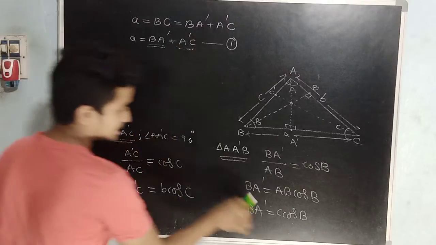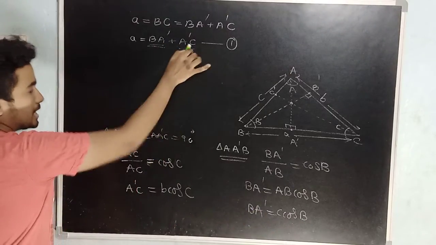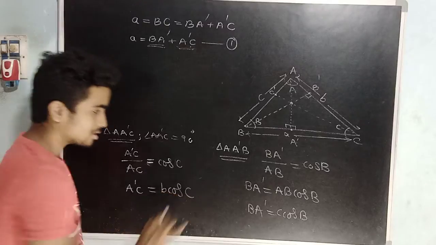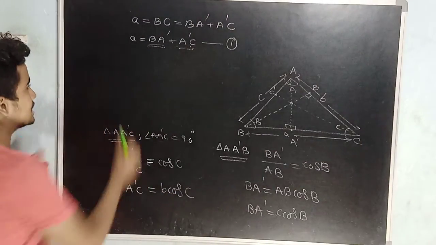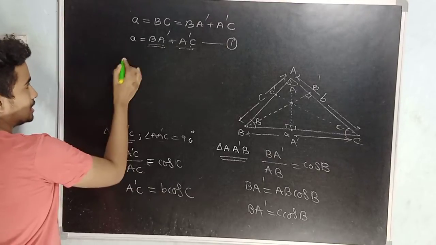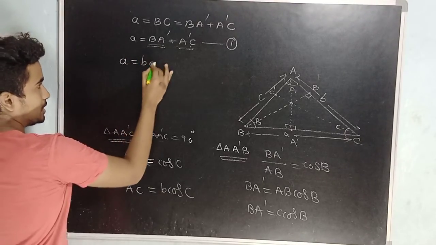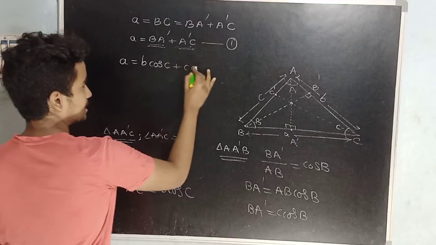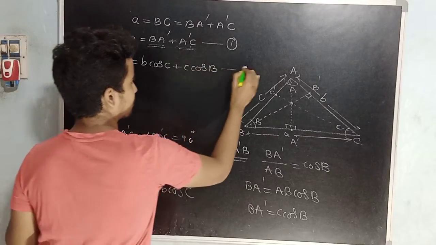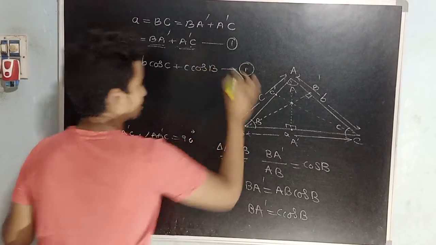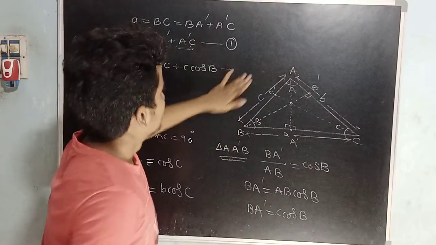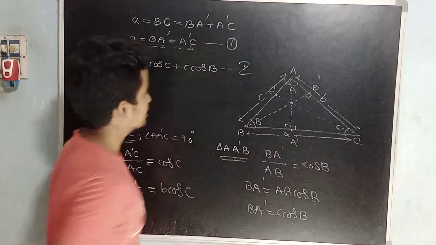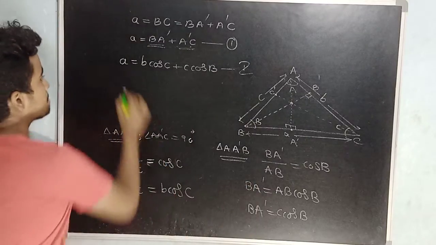Here we got two values: BA dash is equal to c cos B and A dash C is equal to b cos C. Again, we substitute these two values in this equation. So what are we going to get? a is equal to b cos C plus c cos B. This is our first formula.